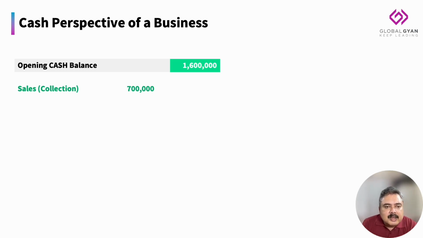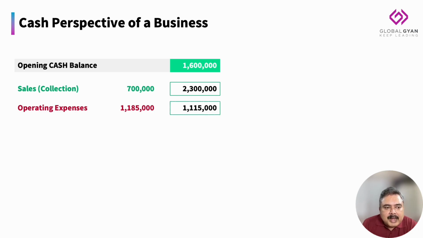So 700K comes in, which increases the bank balance, and then there is some spending to create the products that they want to sell. Let's say it's 1.185 million.